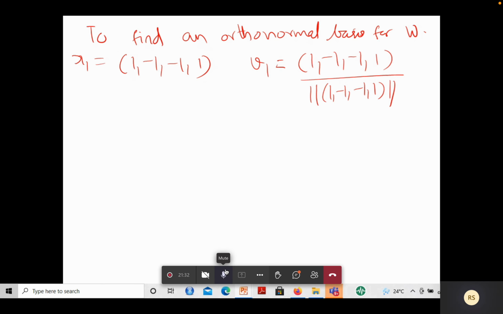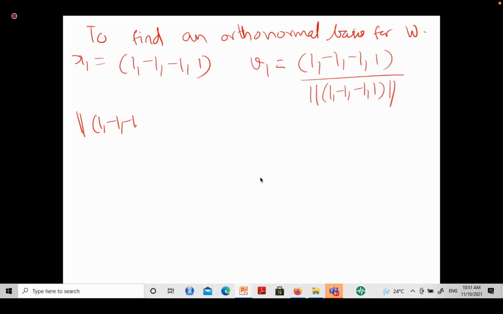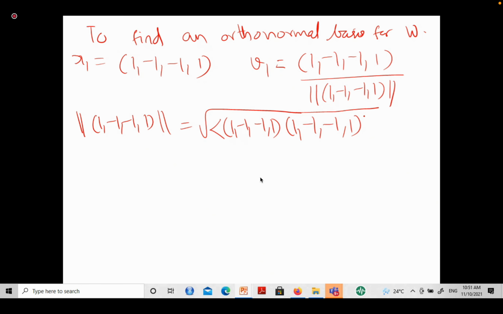It is the root of the inner product of that vector with itself.